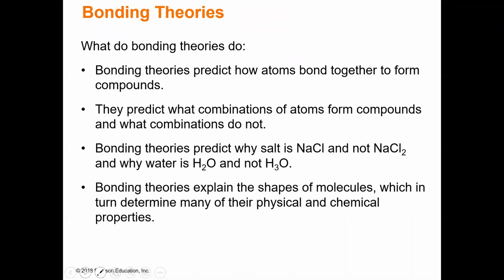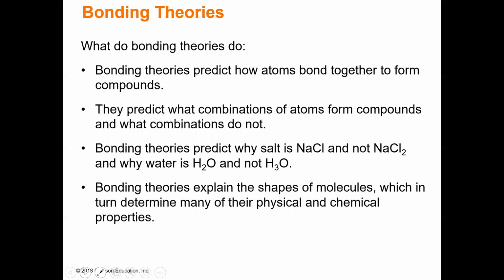All right, so what do bonding theories do exactly? Well, bonding theories will predict how atoms bond together to form compounds. They also predict what combinations of atoms will form compounds and what combinations do not form compounds.